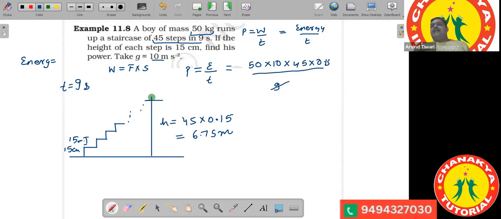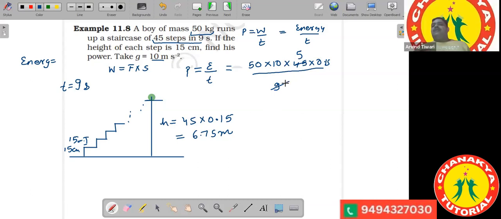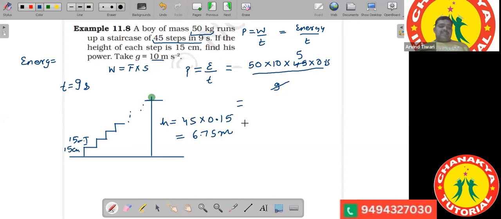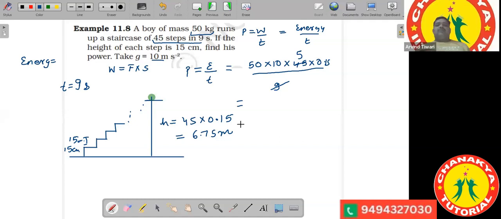So you can cancel 45 and 9, you will have 5. I thought each step took 9 seconds. No, no, the total time he is taking is 9 seconds. Oh, okay.